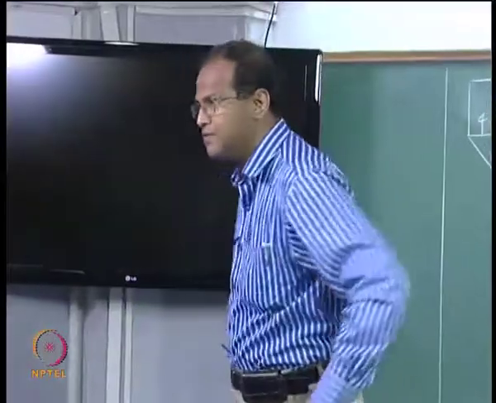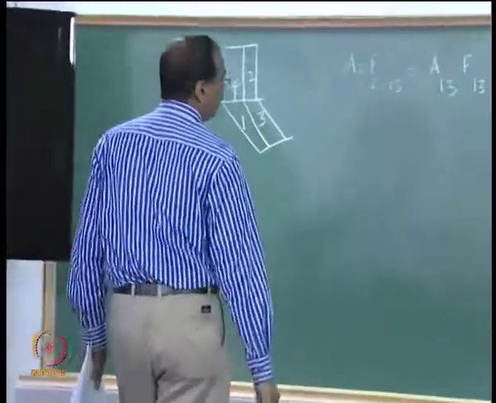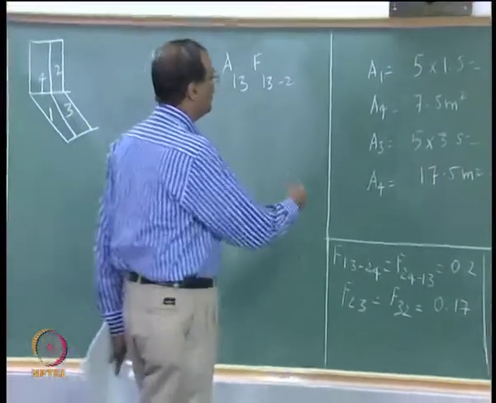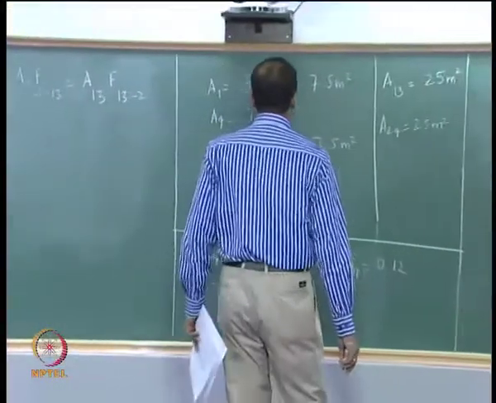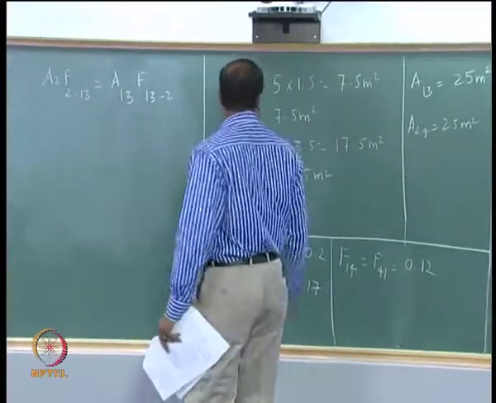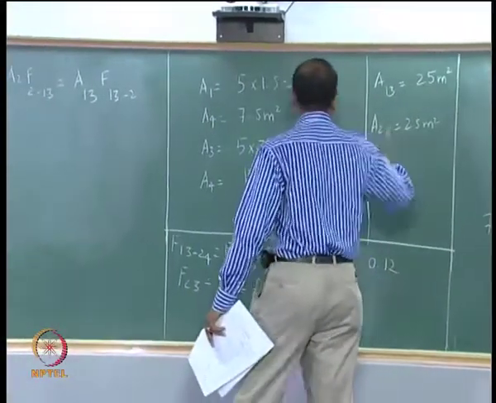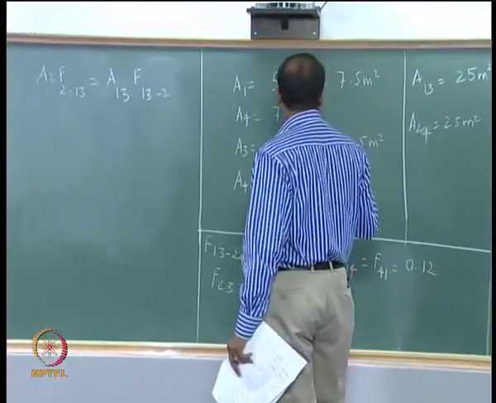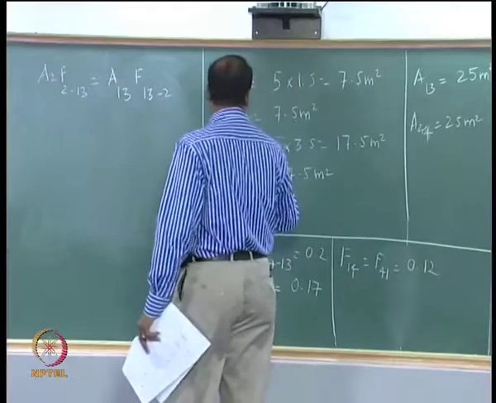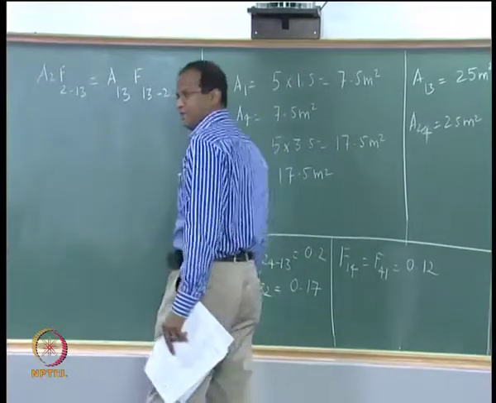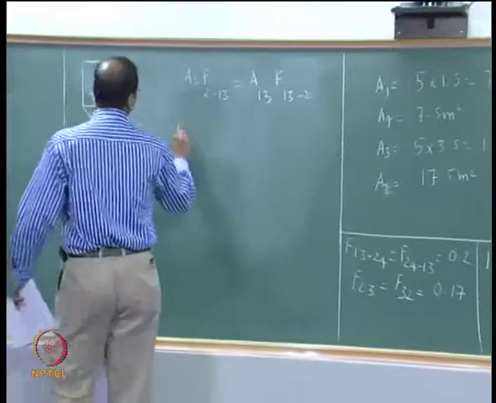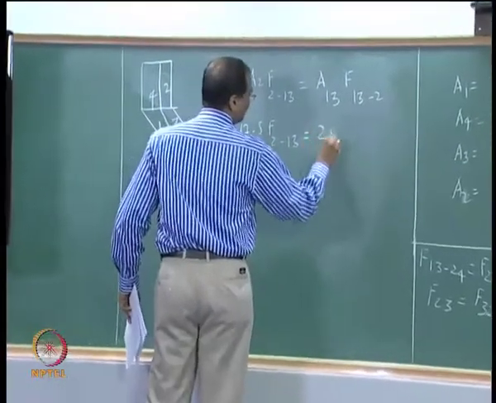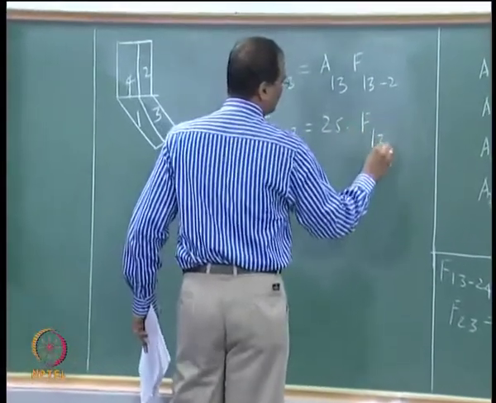Okay. Now what is A2? What happened? We didn't write A2? No. What is A2? Okay. So 17.5 F2213 equal to 25 F132.